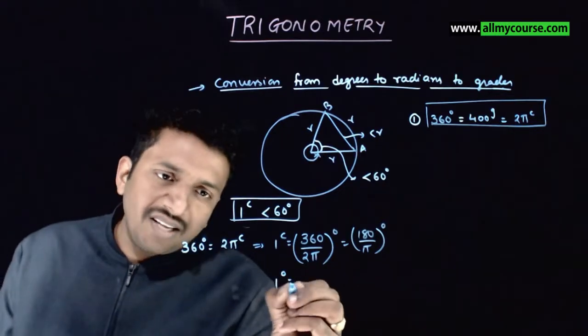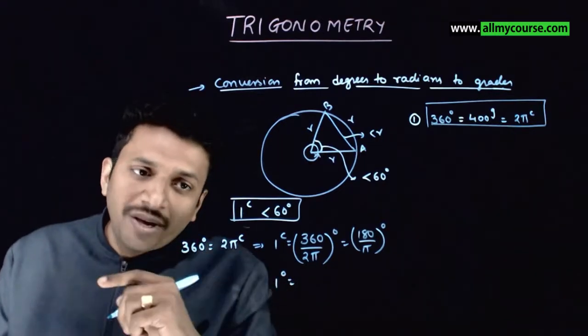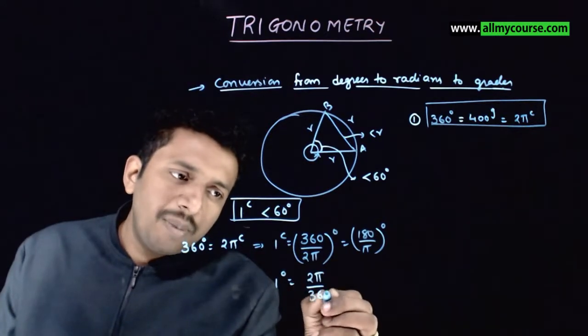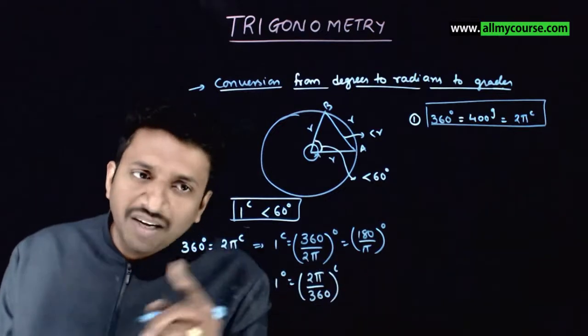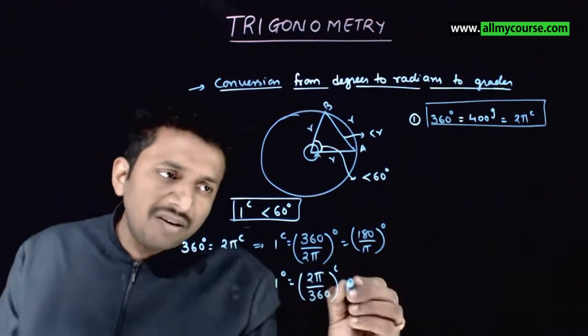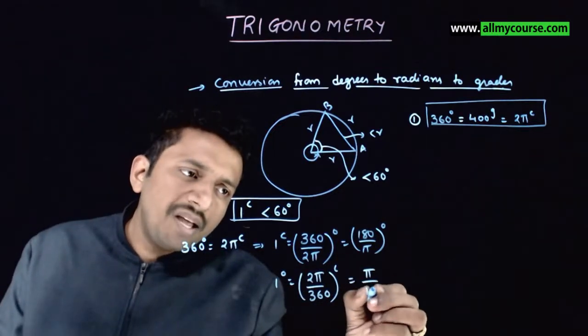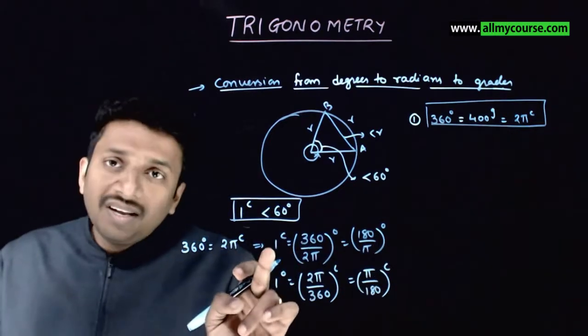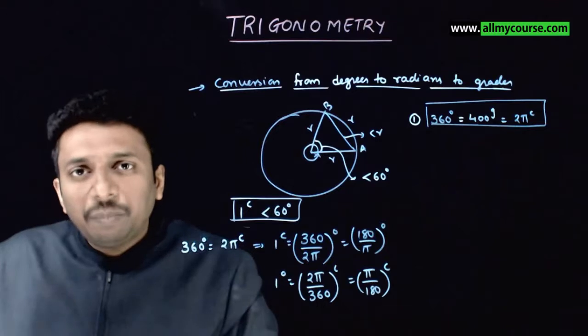Similarly, 360 degrees is equal to 2 pi radians, so 1 degree is equal to 2 pi by 360 radians, right? That's what you get from the unitary method. It's nothing but pi by 180 radians. So 1 radian is equal to 180 by pi degrees.